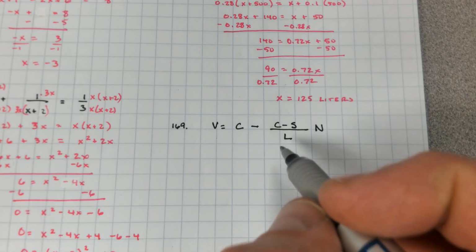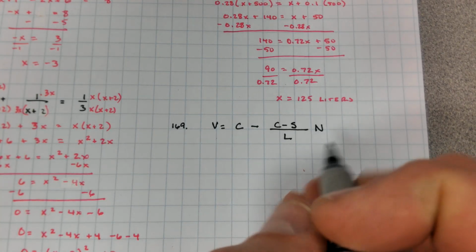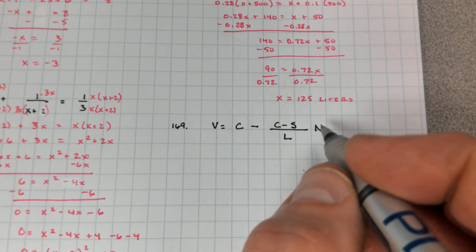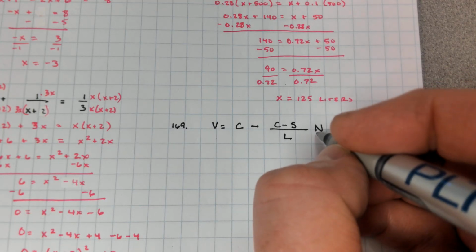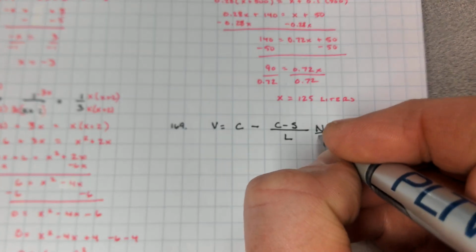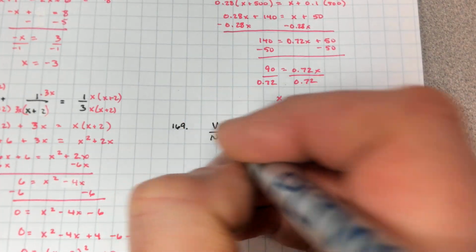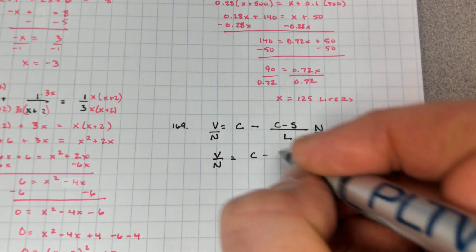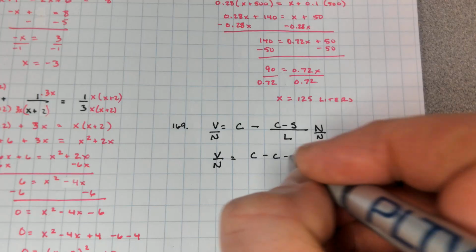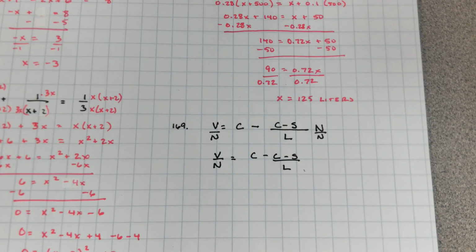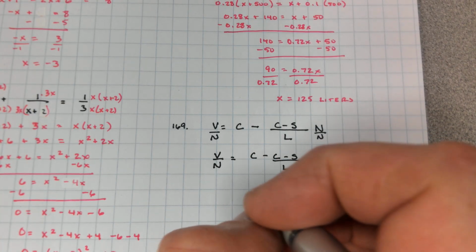Alright, last one. So this one wants us to solve for C. So let's see. I think the first thing that I would like to do is get rid of this N because I don't want it. I want to get only terms that have C. So I'm going to divide by N and divide by N. So it gives me V over N equals C minus S over L. And I'm going to get a common denominator here.